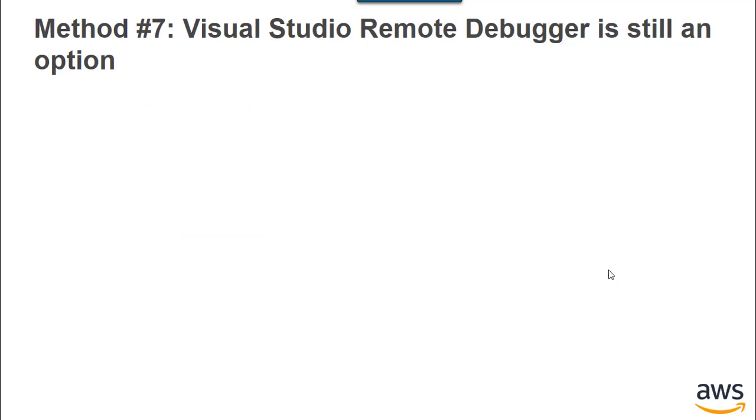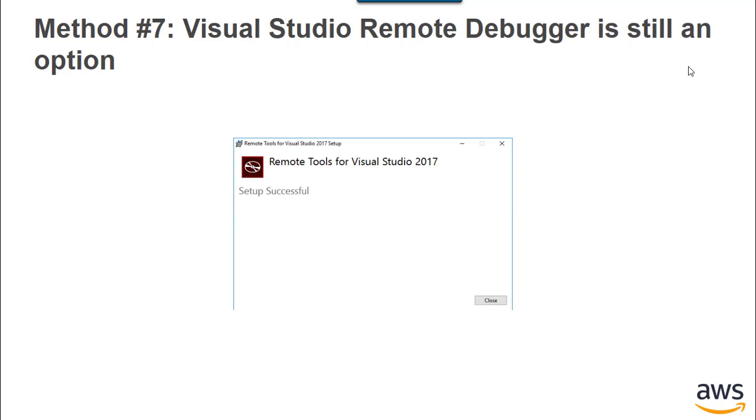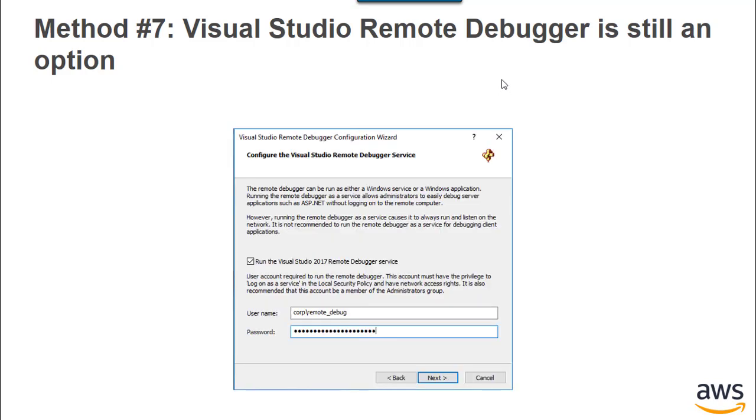Of course, Visual Studio Remote Debugger is still an option. If you are planning to use Remote Debugger, all you need to do is to install the remote tools of Visual Studio. In this case, I'm installing for 2017.